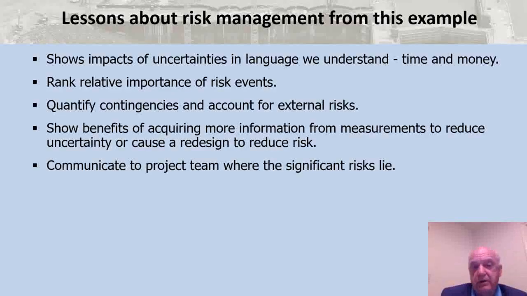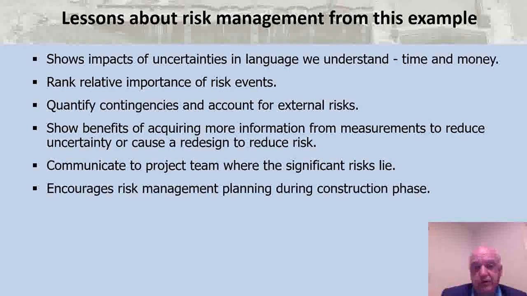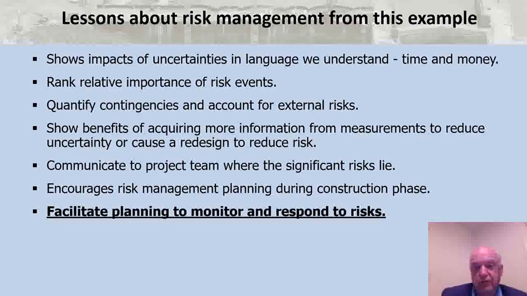Helps us communicate to the project team where the significant risks lie and where we might want to do monitoring. It also encourages risk management planning during the construction phase so that we can respond if the measurements show that we are getting unexpected performance.